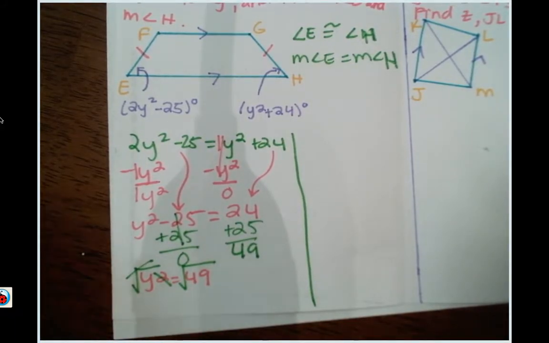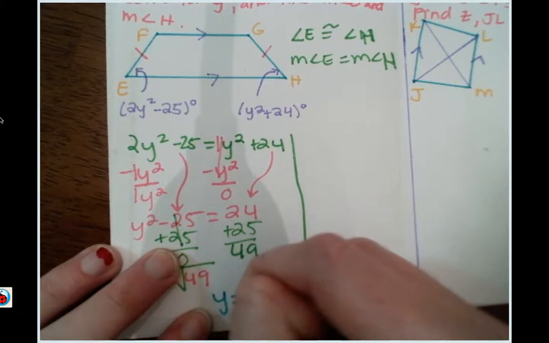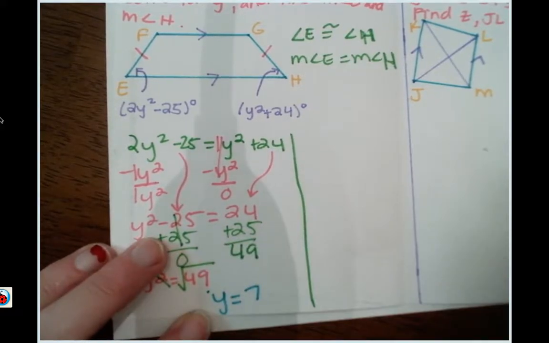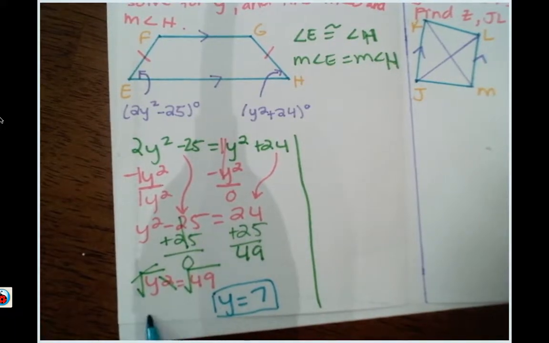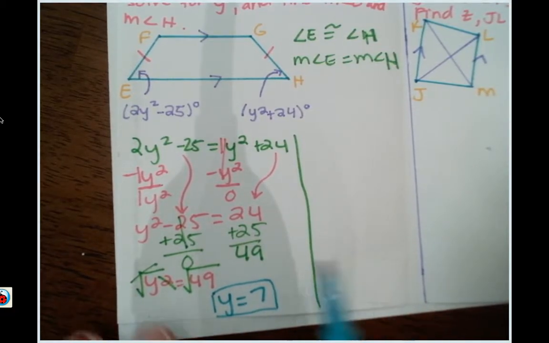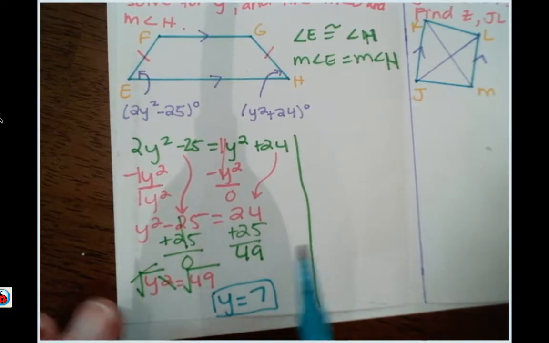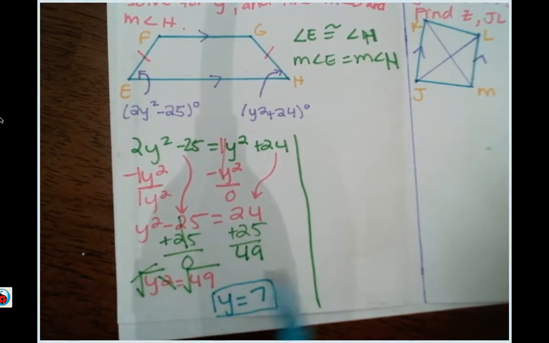So we're left with y equals 7, because the square root of 49 is 7. And remember, when you square root both sides of an equation, technically a plus or minus should pop up, but a negative number really won't make much sense in this scenario. In geometry, typically if you get a plus or minus situation, we go with the plus sign. So just keep that in mind.